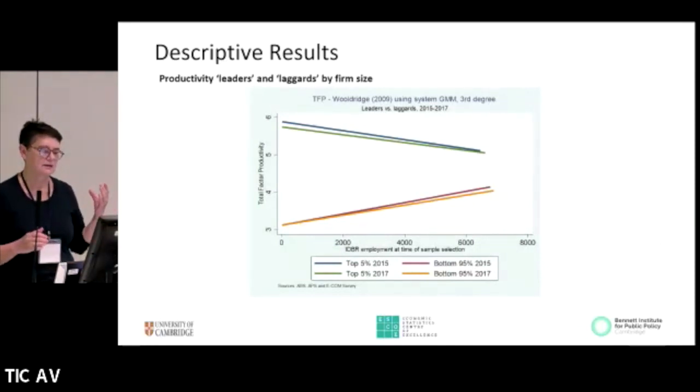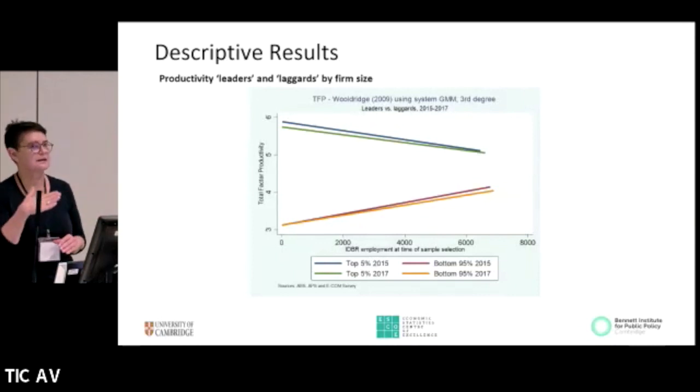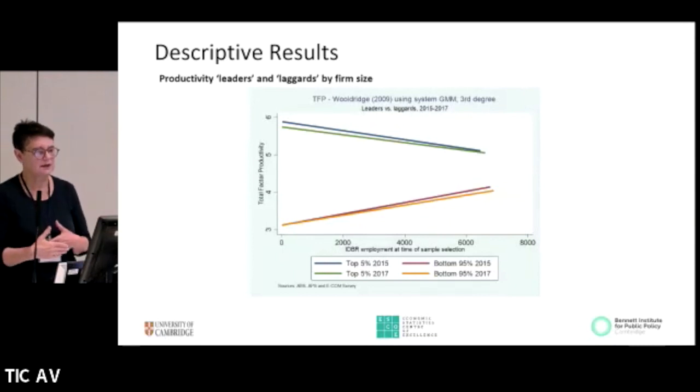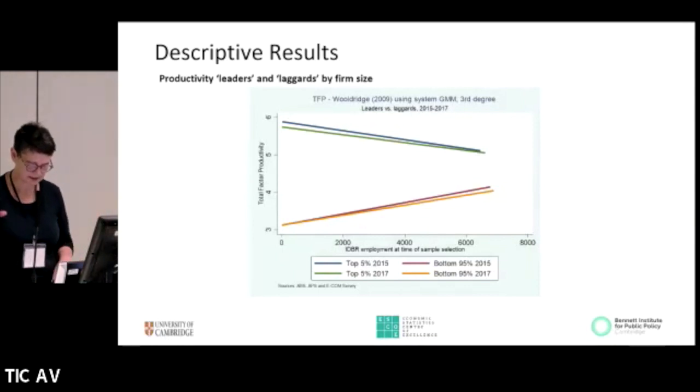And you can see that, as you would expect, TFP is higher for the leaders than for the laggards. Surprisingly, in this data, the gap seems to be narrowing for the very largest companies, and also has that downward slope. But again, the fact that the leaders are ahead of the laggards, that's exactly what we would expect.